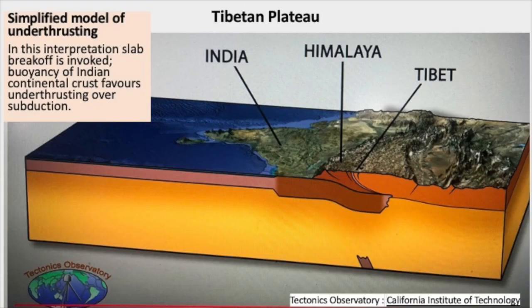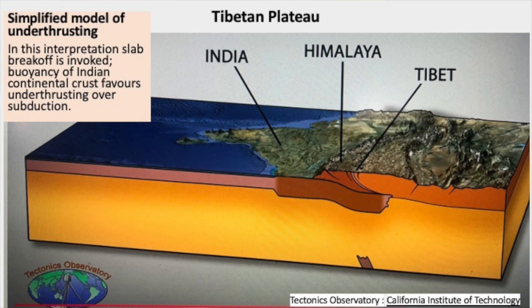Finally, and it really is finally, why is the Tibet plateau still so high? It ought naturally to have subsided. It's 50 million years old, and yet it's still up there. And this diagram from the Tectonics Observatory from Caltech suggests what happened, that the continental crust from India, under-thrusting the mountains and the Tibetan plateau, saw what we call slab break-off.